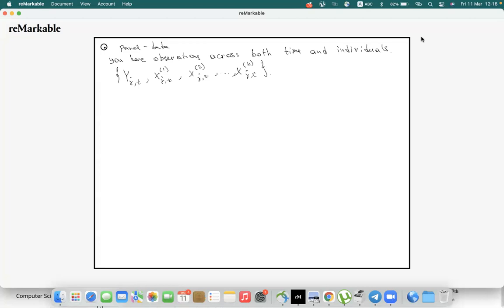So now, here you have j and t greater or equal to 1, and here it's like N and T. Right? No problems. Are there any questions? Okay, it's clear.